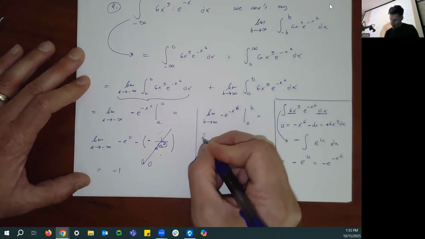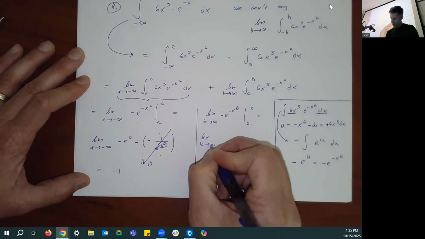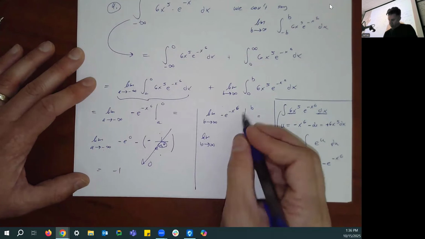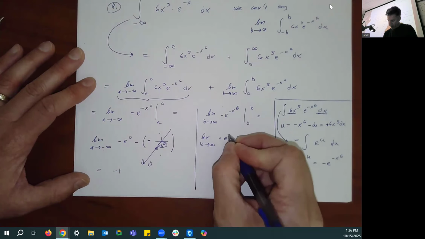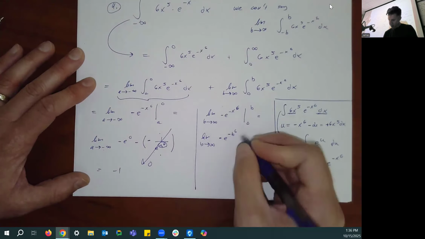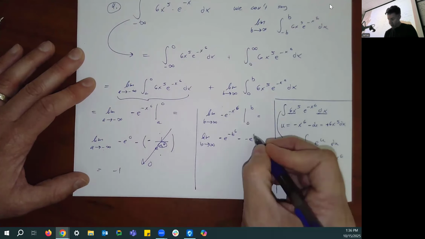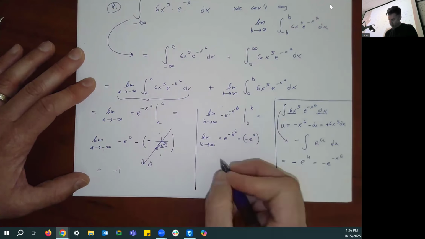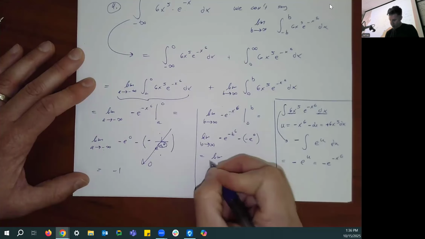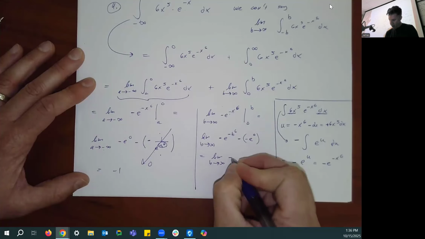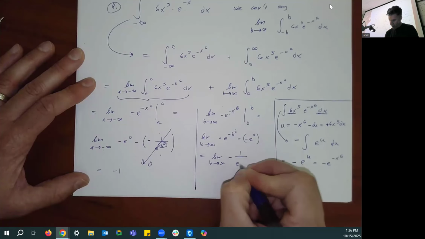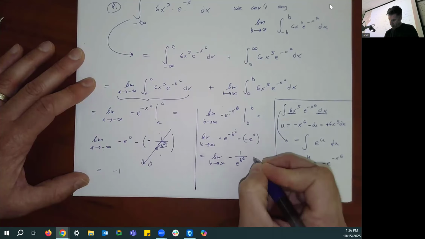That's going to be the limit as b goes to infinity of, plugging in the b, negative e to the negative b to the sixth minus negative e to the negative 0 to the sixth, which is just 0. And then rewriting it, I've got the limit as b goes to infinity of negative 1 over e to the b to the sixth, plus 1.